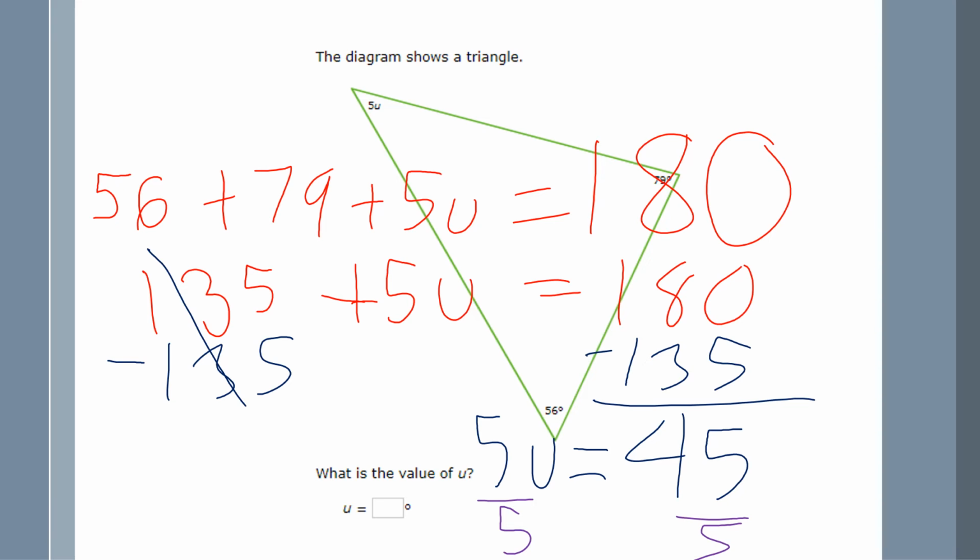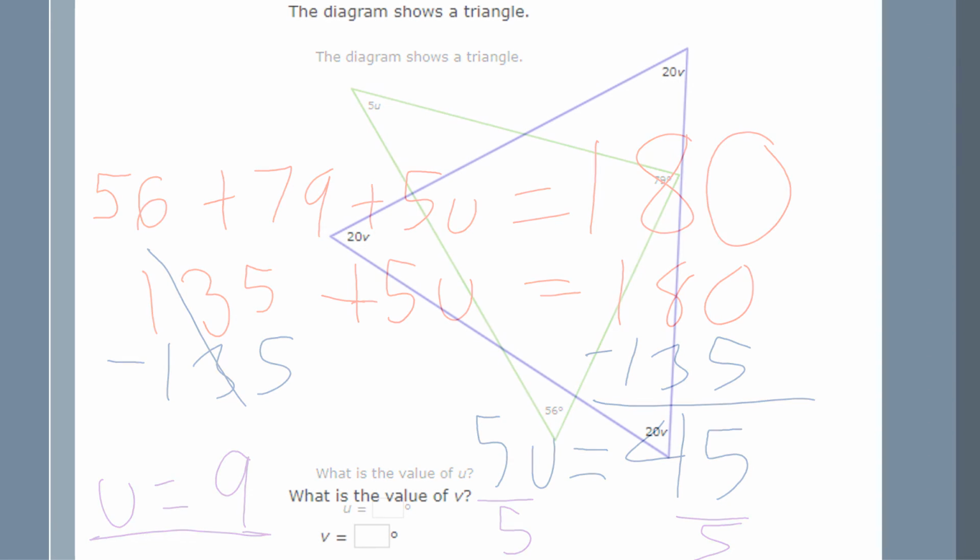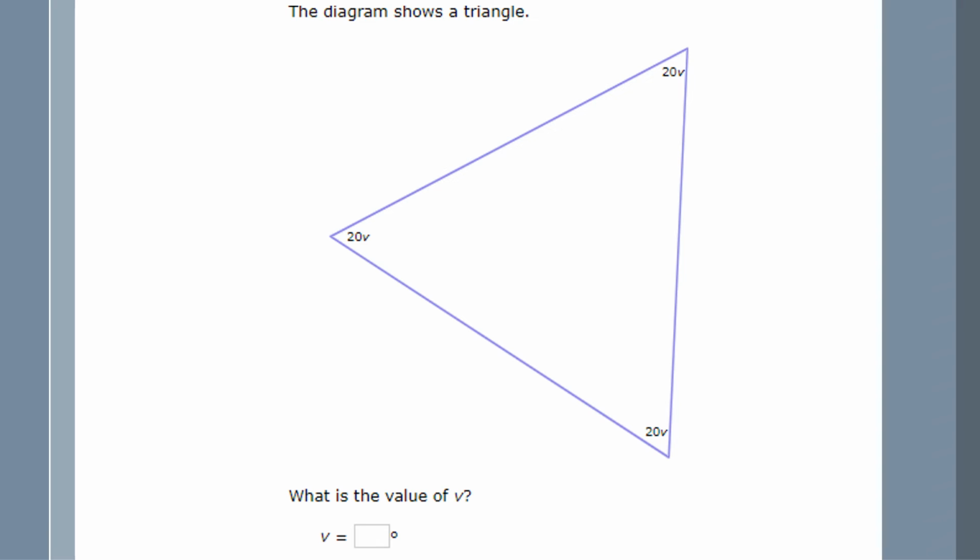And u equals 9. That is how you do that problem. Because again, the theorem says that it has to equal 180. So you have to make it equal 180. You could try that one on your own.